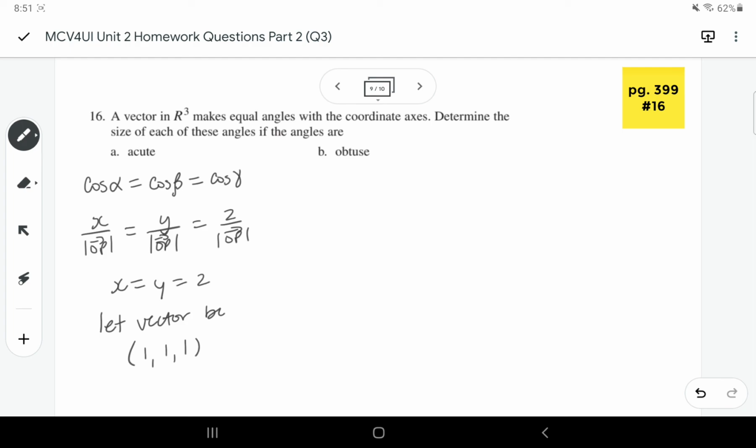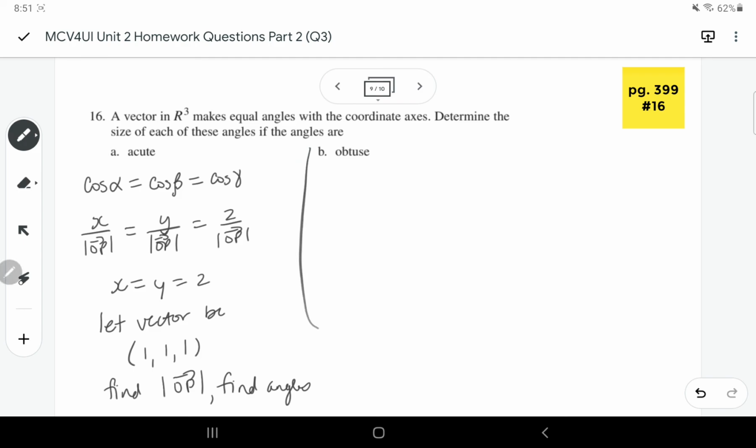Then you would just be able to find the magnitude of OP, find the angles. I'm not going to go through all of them, but once you have the vector, figuring out the alpha, beta, and gamma should be pretty straightforward.